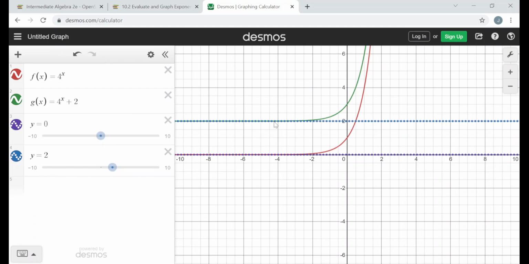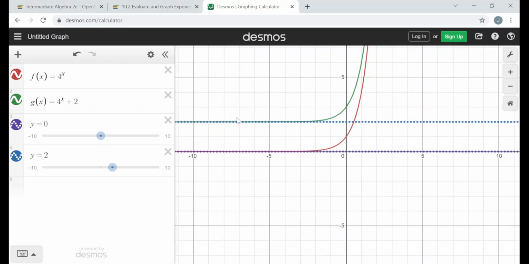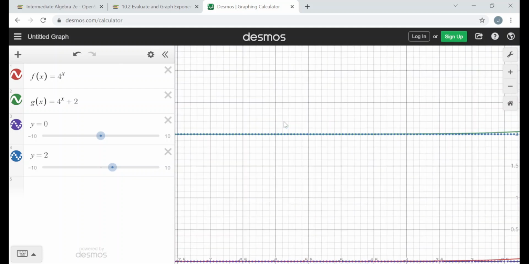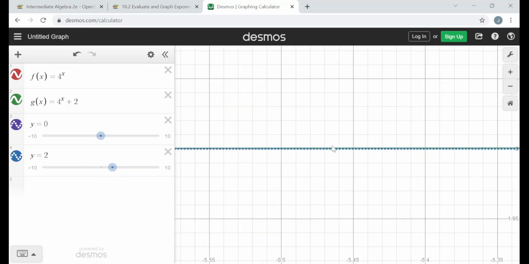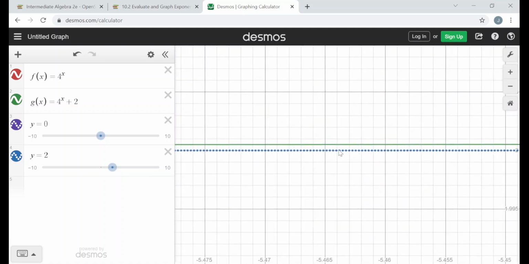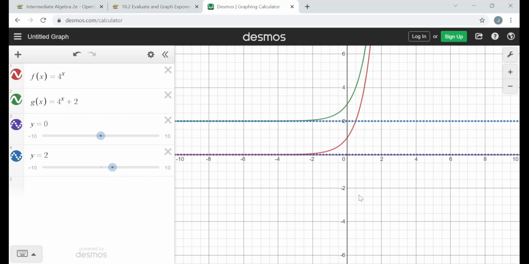See, look, the green graph has the same exact shape as the red graph, just everything's up 2 units. And look, if I zoom in, the green graph gets closer and closer and closer to y equals 2, but never actually touches it. If you zoom in far enough, it doesn't actually touch y equals 2. So y equals 2 is the horizontal asymptote for that function.